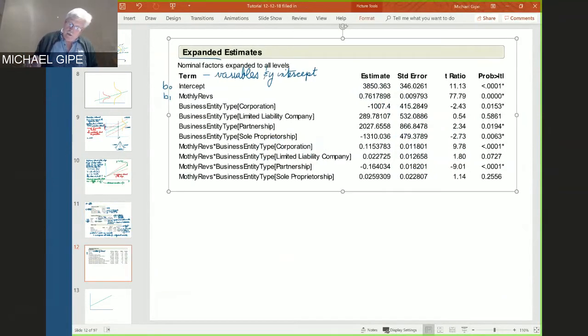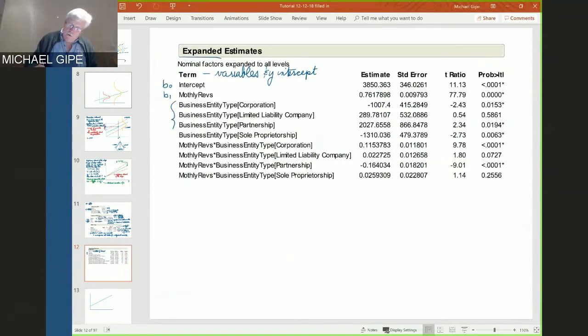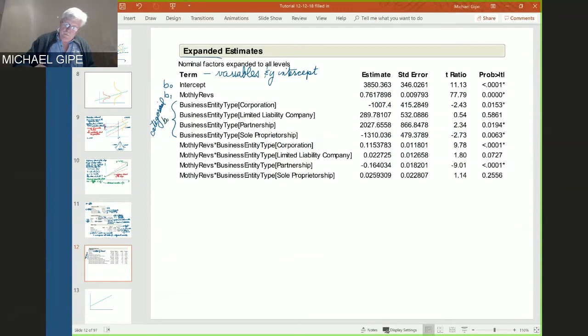And then we've got 4 rows here that constitute the categorical, B2. And then finally, we have this interaction. We'll talk more about that in a minute. And this is basically a B3, and it's an interaction between X1 and X2, the monthly revenues and the business entity.